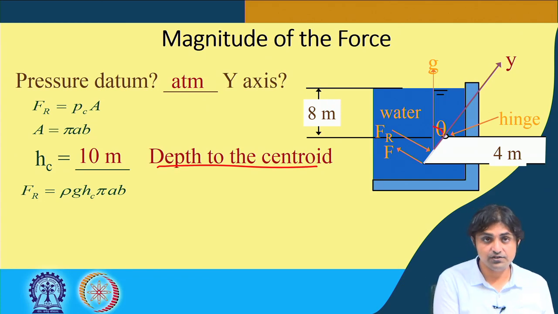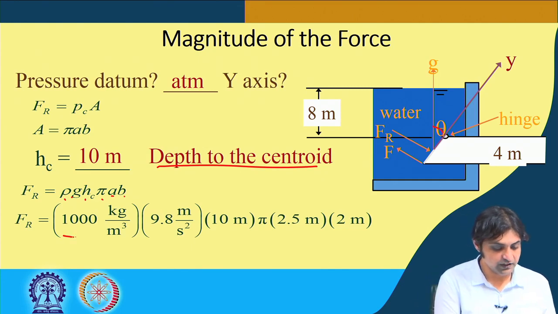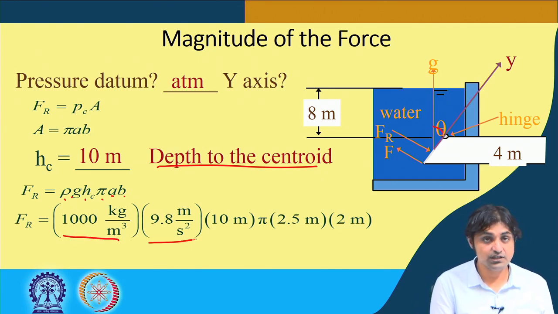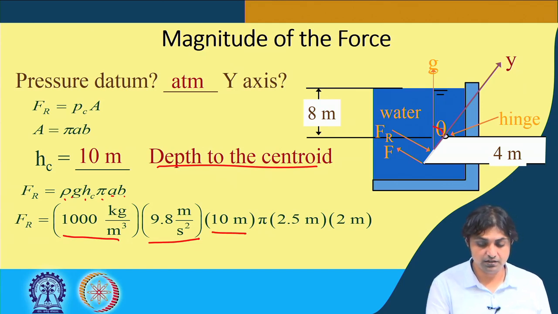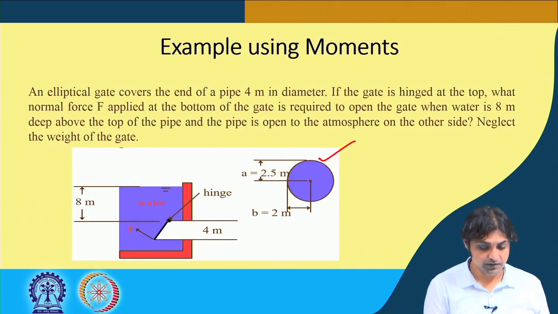So FR is going to be rho g HC pi AB. Rho is 1000 kilogram per meter cube, g is 9.8, height of the centroid that we have seen is 10 meters, because 8 meters is the water depth and the location of the centroid is further 2 meters below this location, so 10 meters. Pi is pi, A is 2.5 and B is 2, as we have seen from the previous slide.